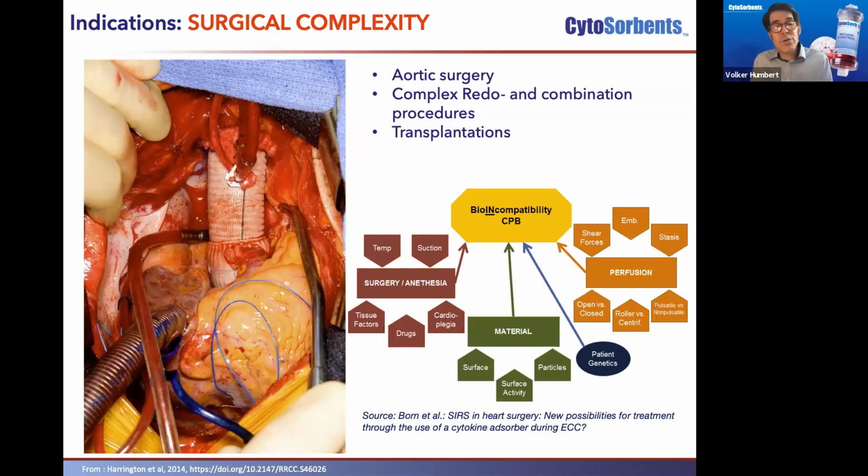This is due to the surgery, due to the anesthesia, but also due to the CPB by itself: the material, the perfusion, the suction, the shear forces, the contact with the materials, with air, and so on. There are first promising case studies available in regard to the use in transplantations. In principle, it might also make sense to use Cytosorb therapy in complex redo and combination procedures.